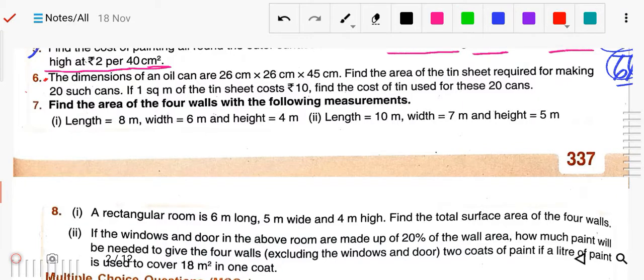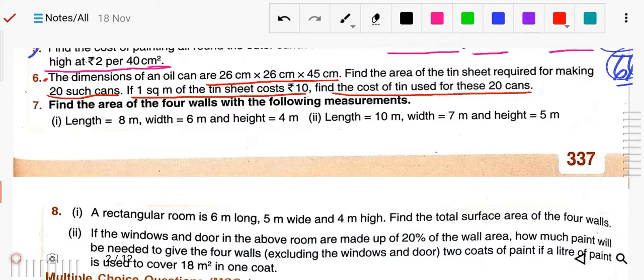Number 6: The dimensions of an oil can are 26 centimeter, 26 centimeter and 45 centimeter. Find the area of tin sheet required for making 20 such cans if 1 centimeter square of tin costs rupees 10. Okay, so find the cost used for the 20 cans.